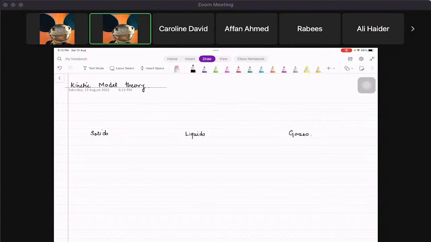So basically, when it goes from solid to liquid, it's called melting, and if it goes from liquid to gas, it's called boiling.